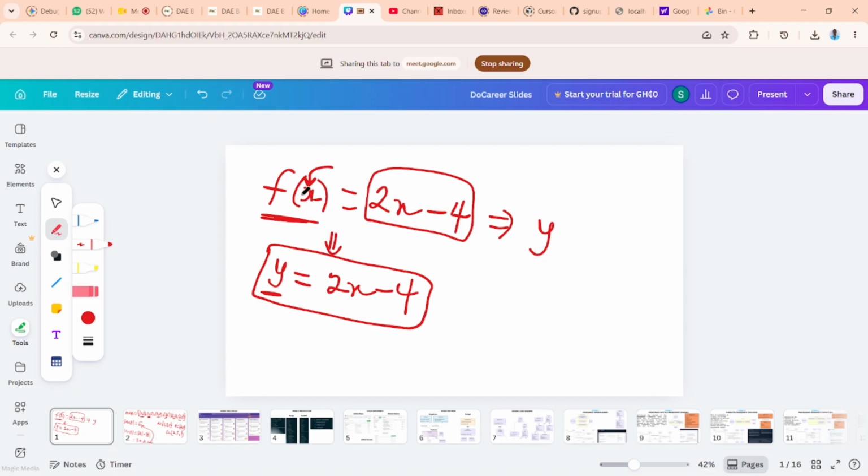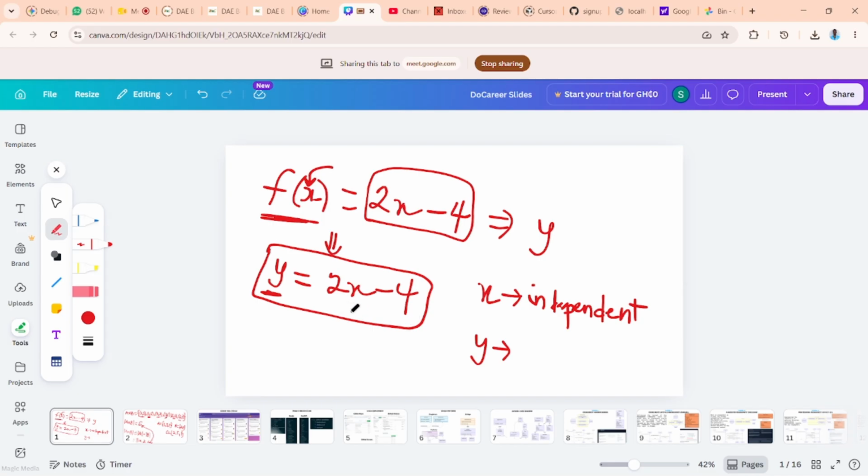So this one that is inside the bracket, we call it the independent variable. So x is the independent variable, meaning that x is not depending on anything within the function. They are all variables. So y is also a variable, but that's a dependent variable because it depends on the value that x will be.